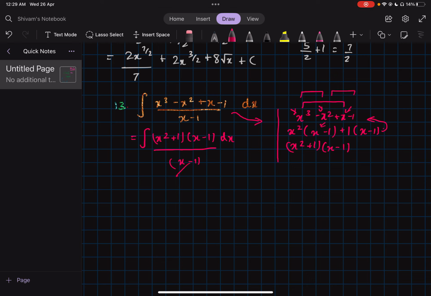Then this and this get cancelled. So you just have an x squared plus 1, and then you can use the power rule on it. Increase the power by 1, divide by the new power. Increase the power by 1, divide by the new power, which is just a 1, so I'm not going to write it. We add a plus c. And that, I believe, is the answer. Yes, it is. All right.